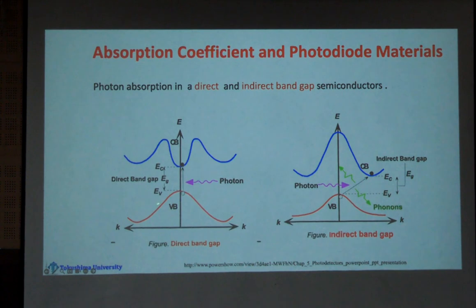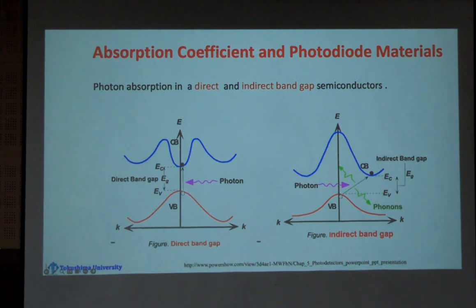Whether light passes, it shows direct band gap or indirect band gap emission. So photon absorption can be in a direct or indirect band gap semiconductor. It depends on what type of material you use for this kind of photodiode material.